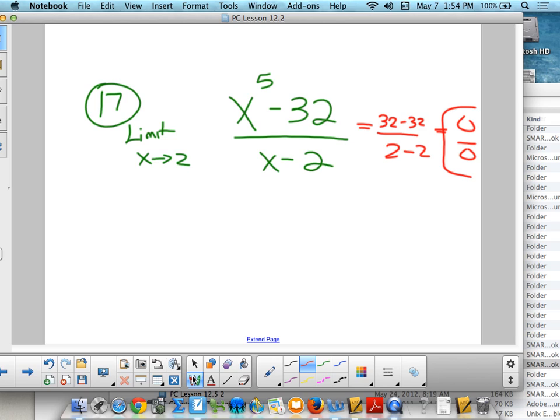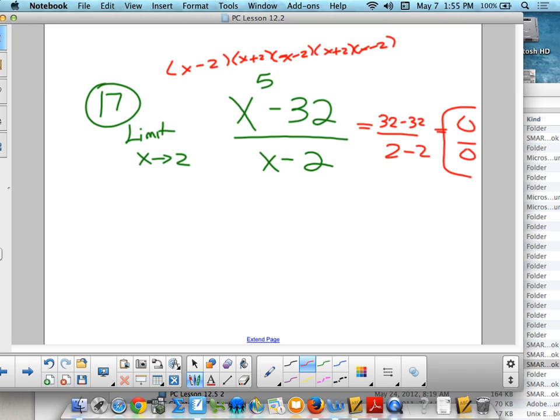So you're saying the top is x minus 2, and then x plus 2, x minus 2, x plus 2, another x minus 2. How'd you get that?